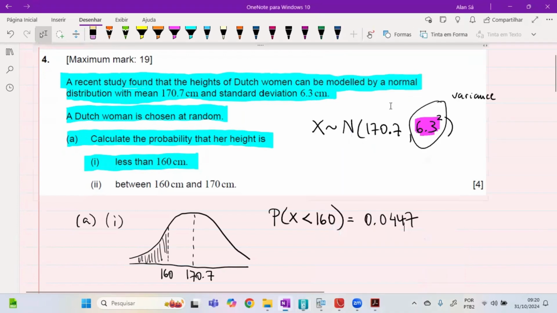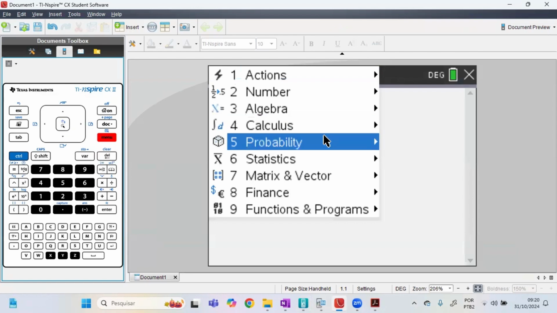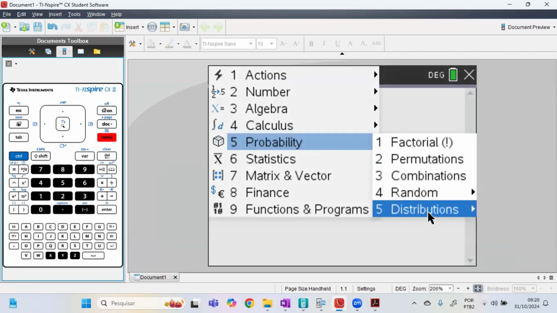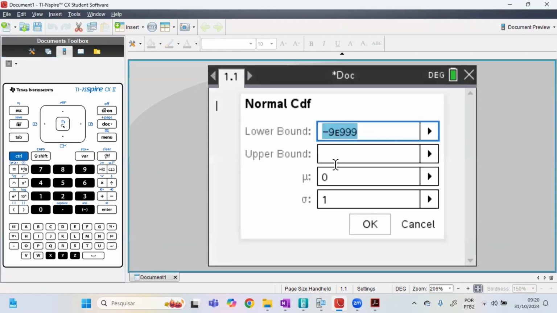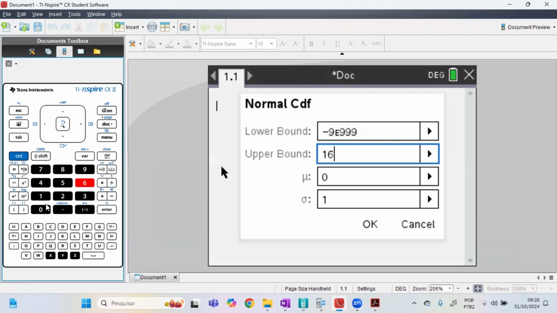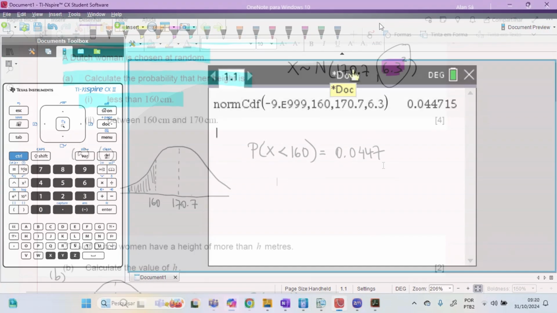Now with the Nspire, we go to menu, probability, distributions, normal CDF. Leave this value as the lower bound, upper value 160, mean 170.7, and standard deviation 6.3. And then it gives exactly the same value.